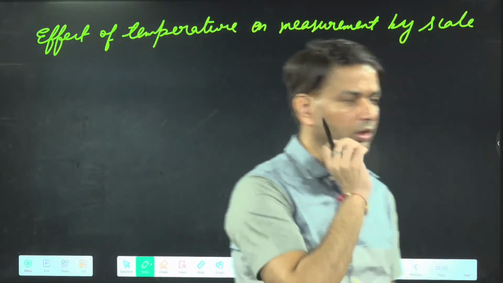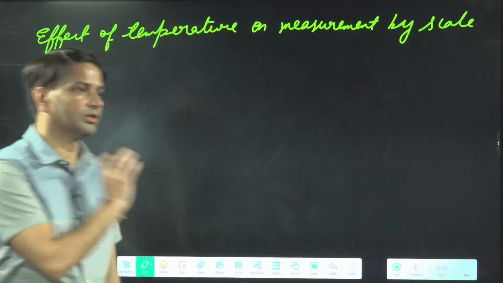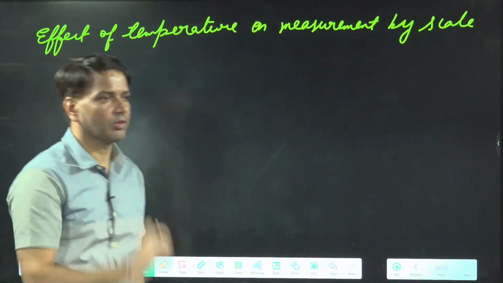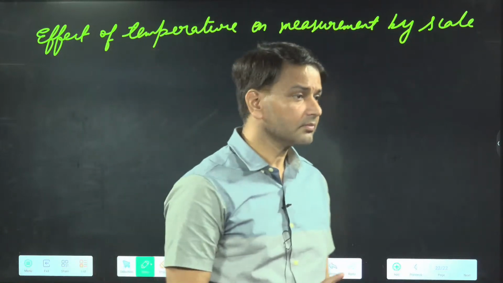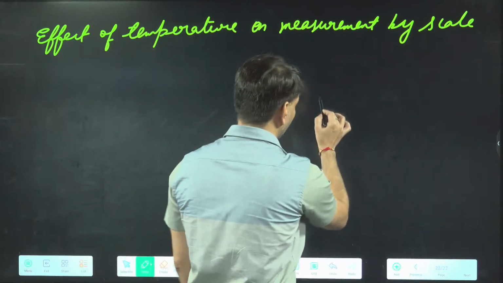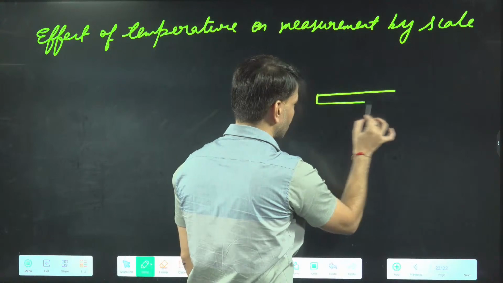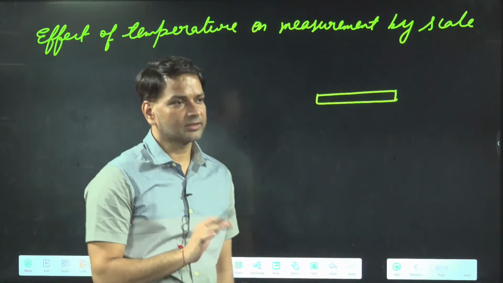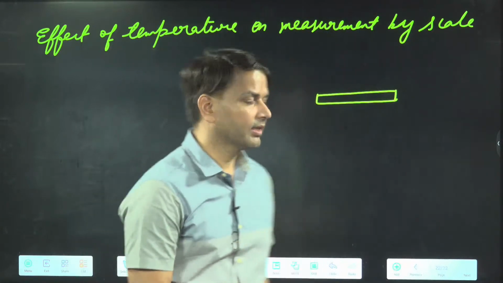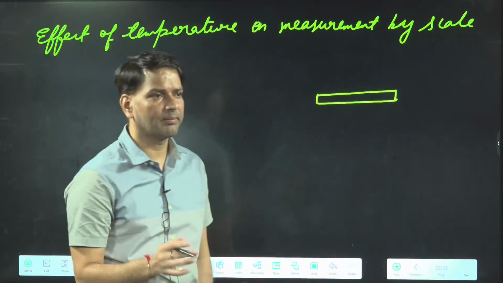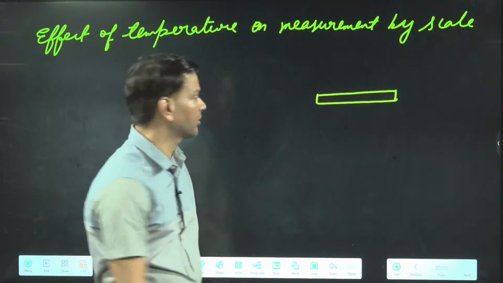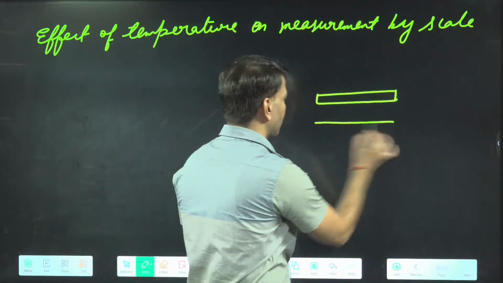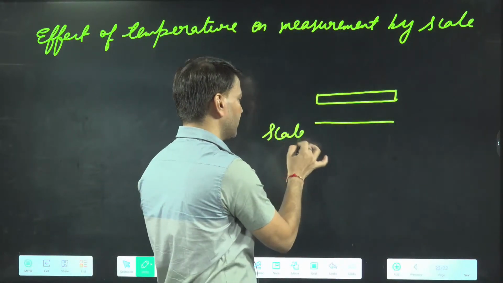But in short, what we have to know in this case, because they have also given one question in the exercise. Suppose I have one rod. This rod's length I am measuring by a scale. The scale is made of metal, and that metal may expand. So I have one metal scale.